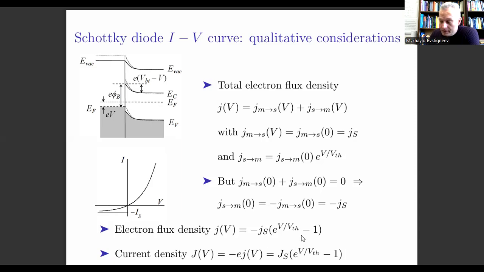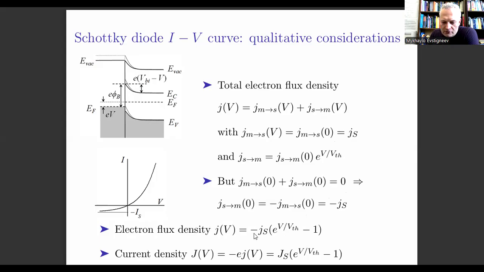So now we can write the expected functional form for the total electron flux density, which is the sum of the metal to semiconductor and semiconductor to metal contributions. The semiconductor to metal contribution is negative J S times exponential V over V thermal.